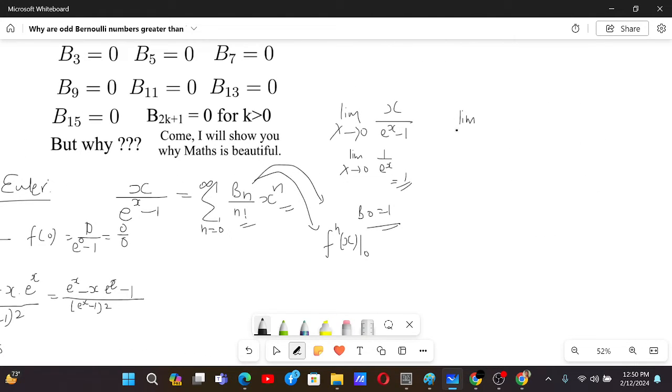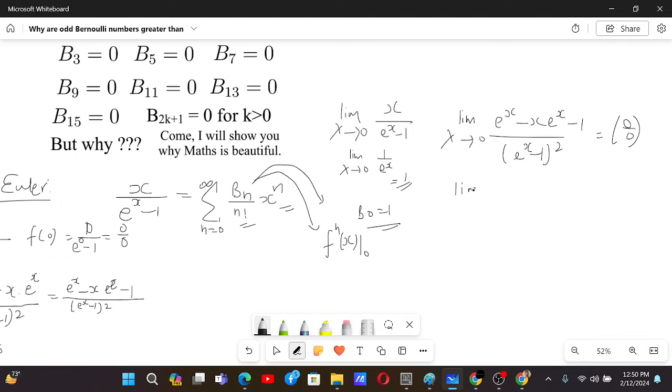Now if we use the limit again to find this expression, what will we get? The limit as x tends to 0 of (e to the power x minus x e to the power x minus 1) by (e to the power x minus 1) whole square. Since it's in the form of 0 by 0, we take L'Hopital's rule.